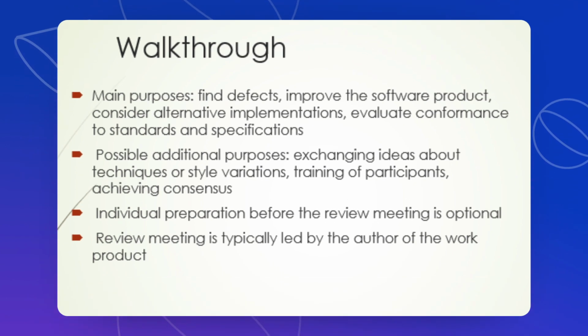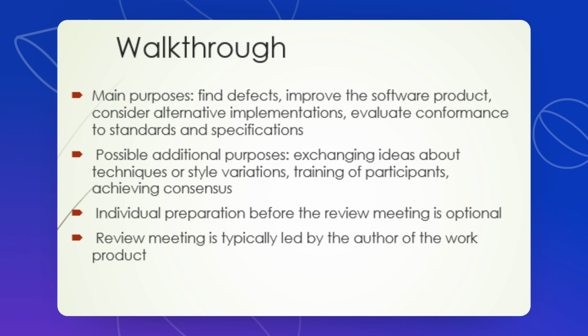In a walkthrough, the main purpose is to find defects, improve the software product, consider alternative implementations, and evaluate conformance to standards and specifications. All have almost the same purposes. Possible additional purposes are exchanging ideas about technical style variations, training of participants, and achieving consensus. Additional preparation before the review meeting is optional.